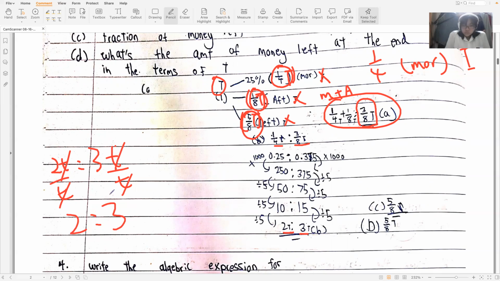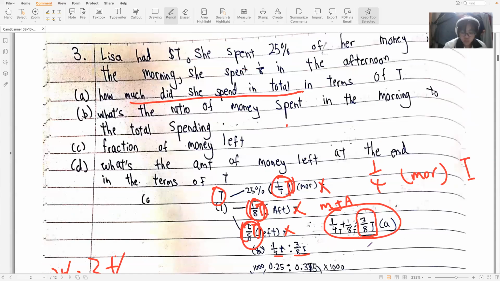Ratio is in numbers only. You cannot have letters for ratio. Can you not see the question?